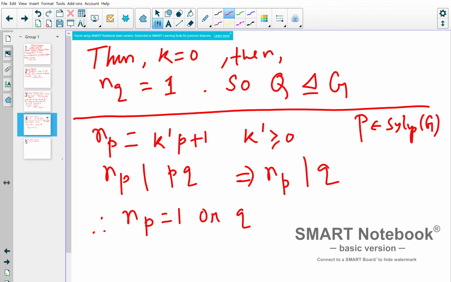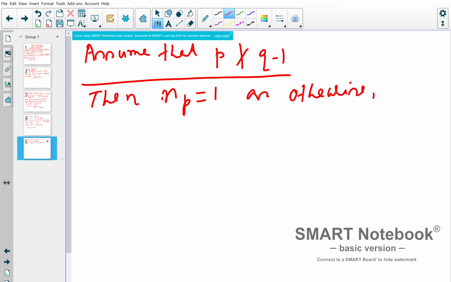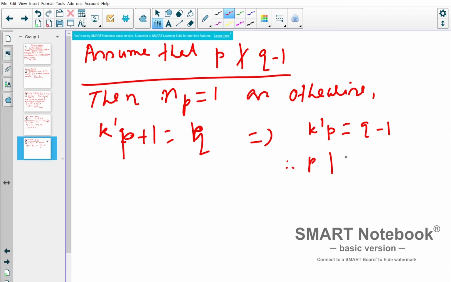Because otherwise what happens? If nP is not equal to 1, nP equal to Q, then k'p plus 1 has to be Q, and this implies that k'p equals Q minus 1, so P divides Q minus 1.